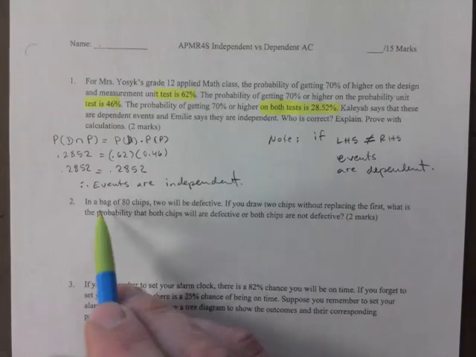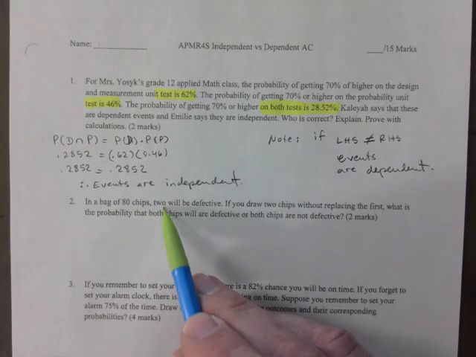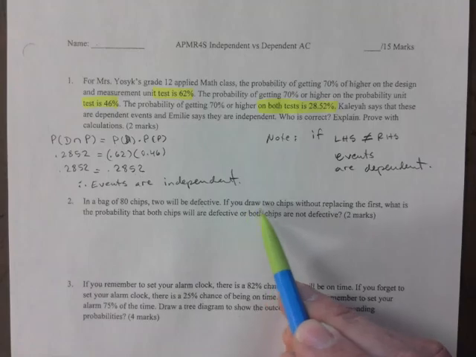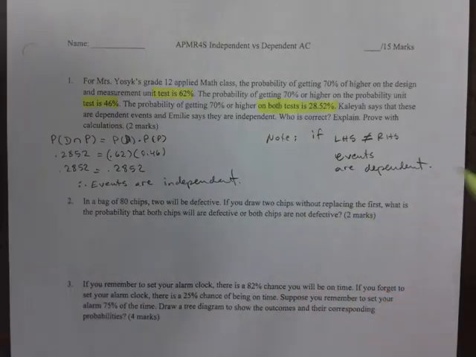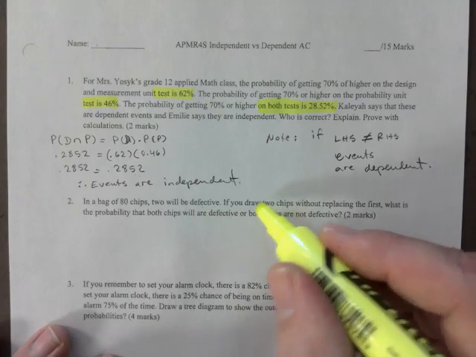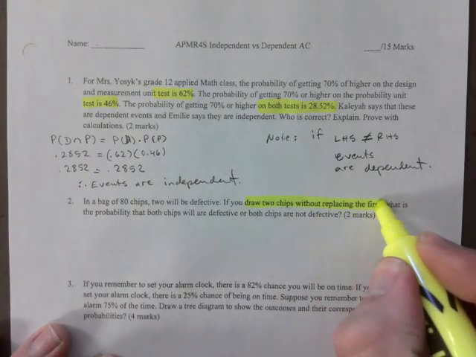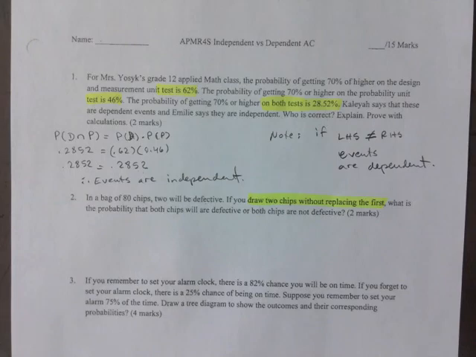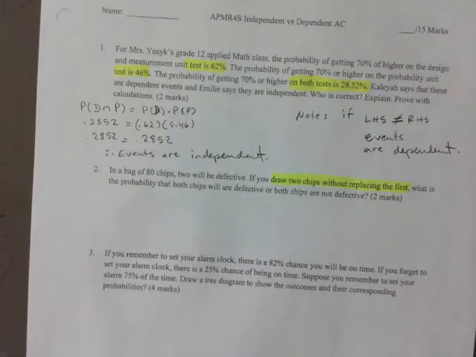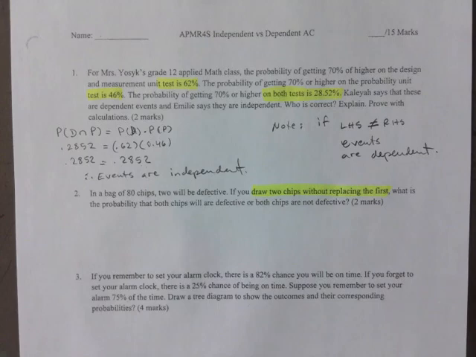So let's keep going. In a bag of 80 chips, 2 will be defective. If you draw 2 chips without replacing the first, right? If you don't replace them, so we know right away we're in the area of dependent events. Okay?